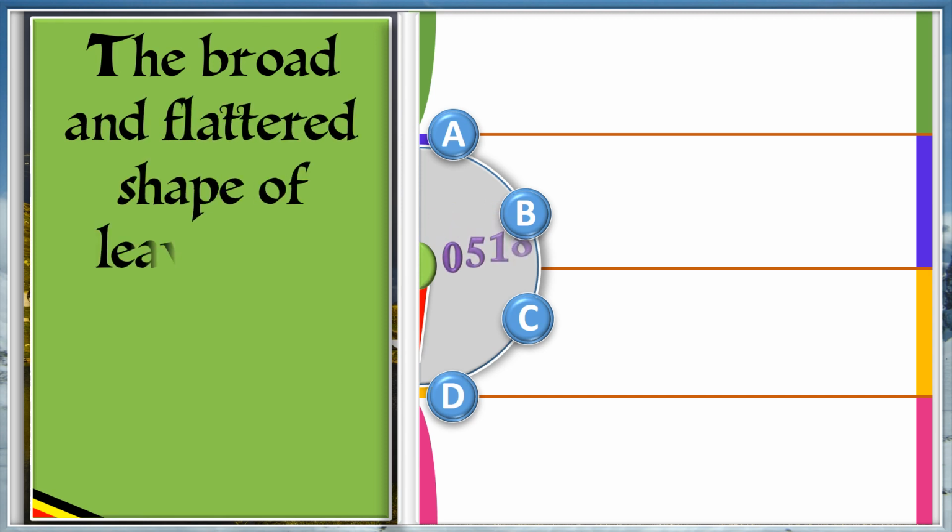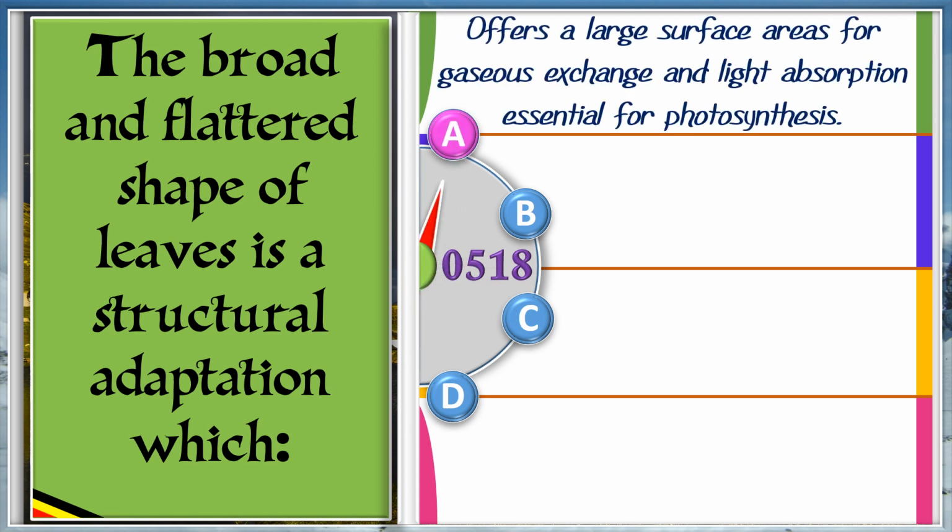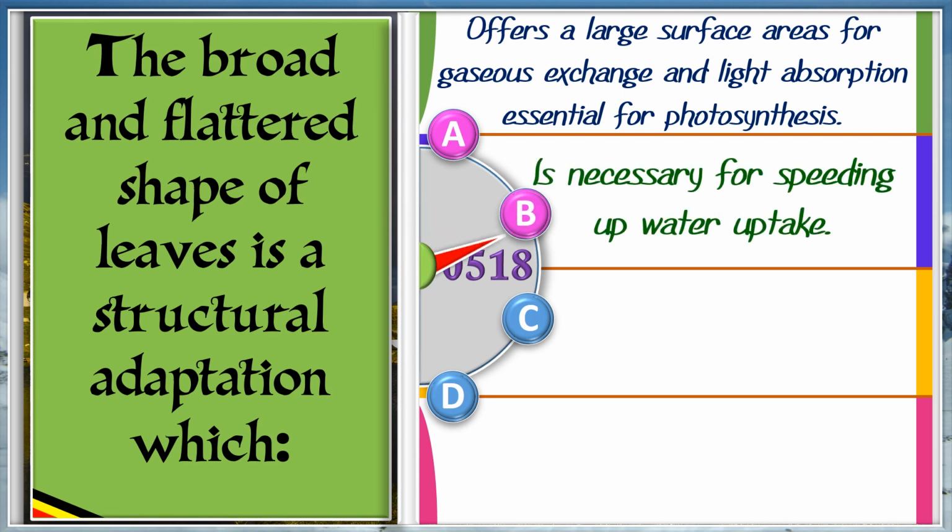The broad and flattened shape of leaves is a structural adaptation which A. offers a large surface area for gaseous exchange and light absorption essential for photosynthesis. B. Is necessary for speeding up water uptake.